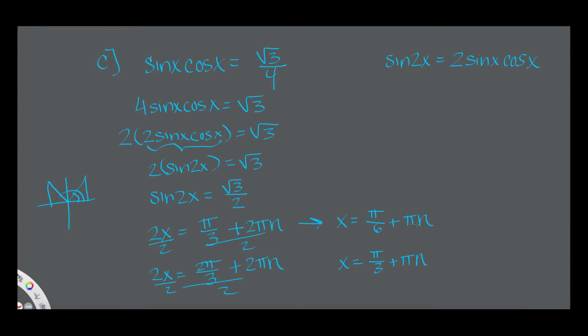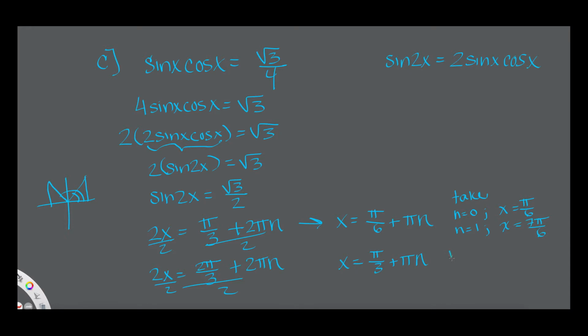So pi over 6 plus pi n, let's say we take n equal to 0, then x is equal to pi over 6. If n equals 1 over here, then x equals pi over 6 plus pi, which is 7 pi over 6.